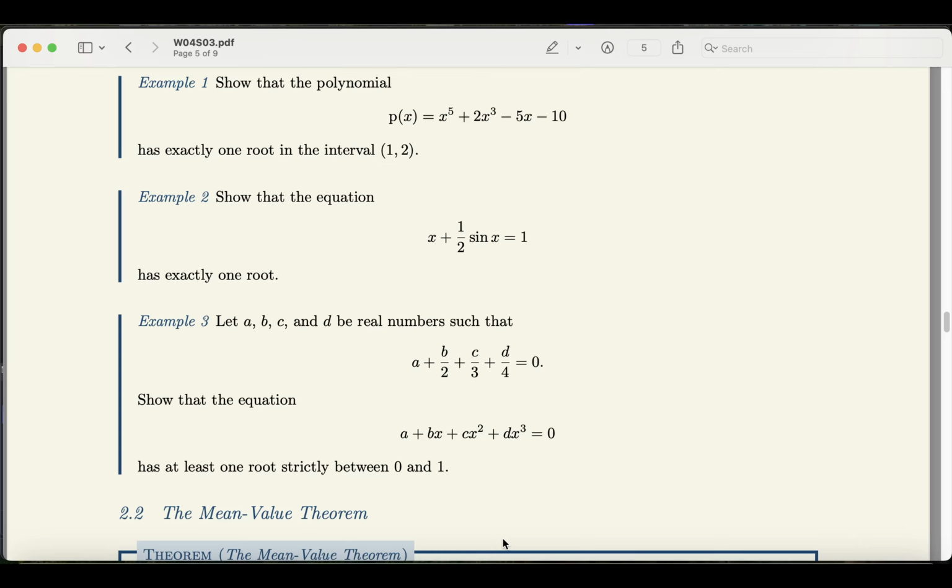This is the polynomial given, and I want to show that this polynomial has exactly one root in the interval from 1 to 2. Yes, this is what I want to show.